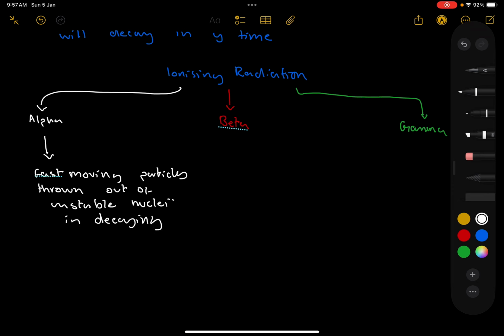And these, namely alpha particles. So these fast-moving particles are called alpha particles.